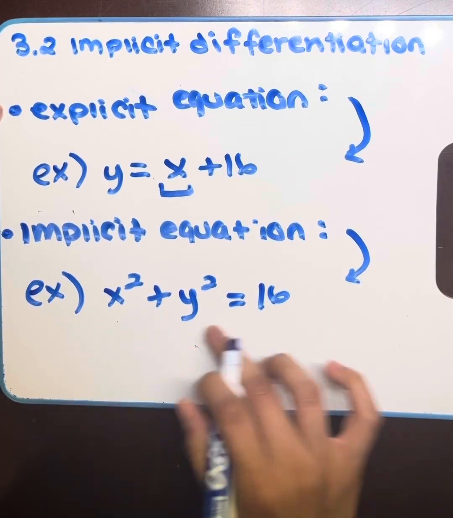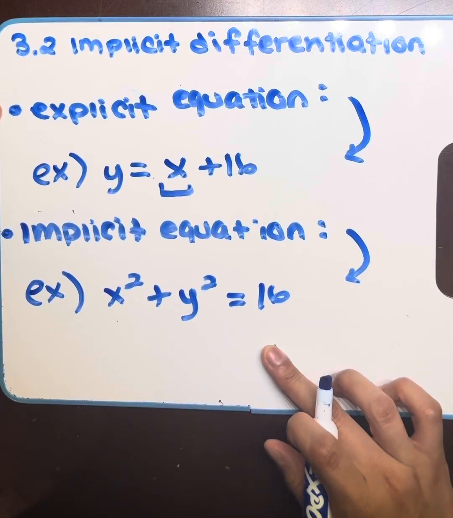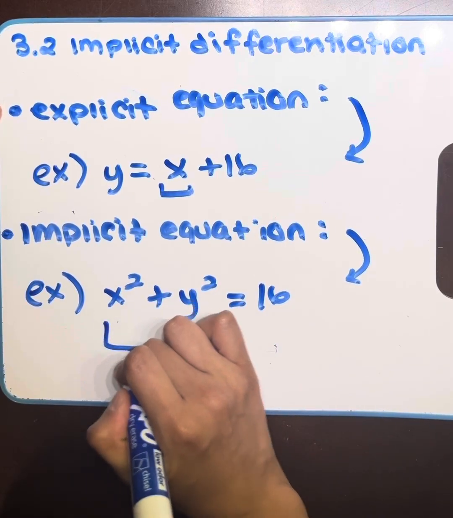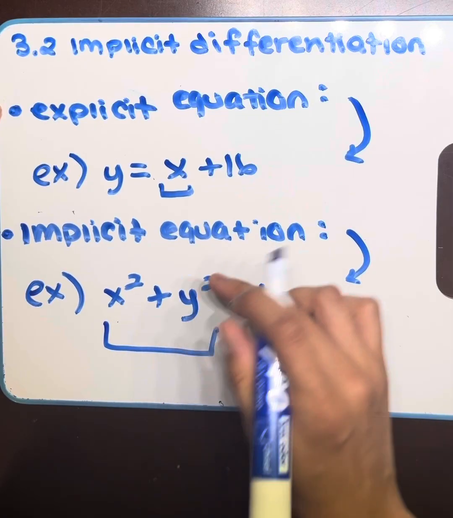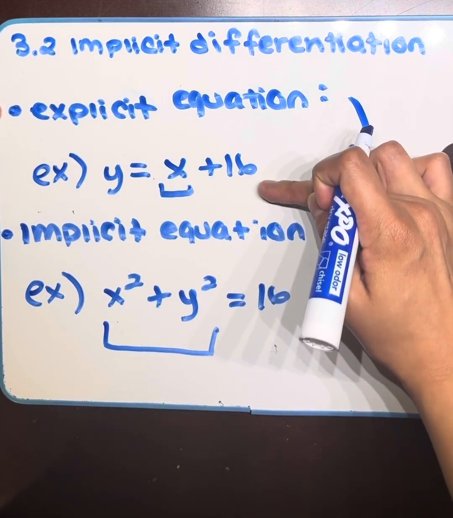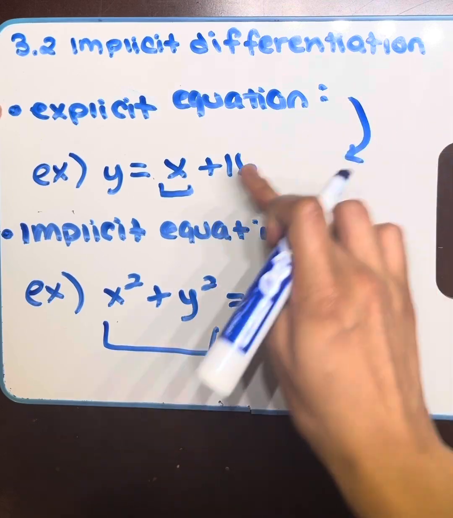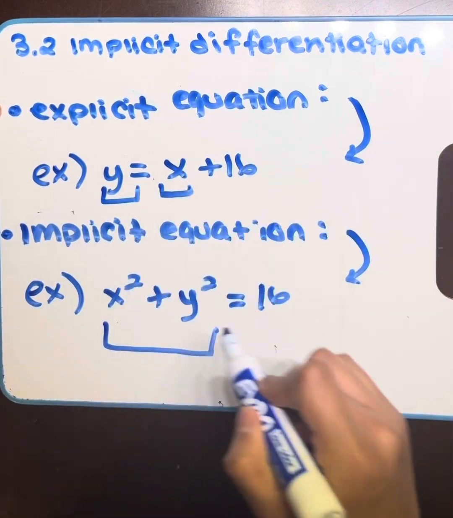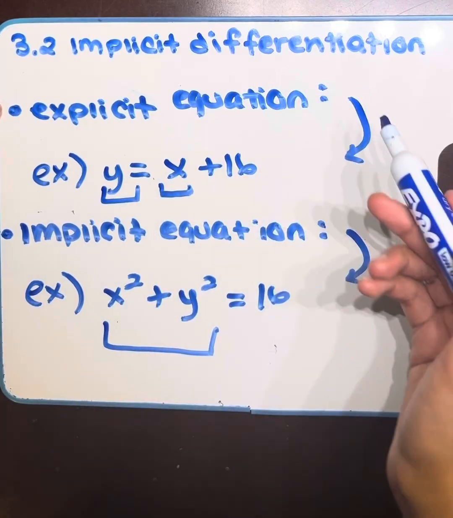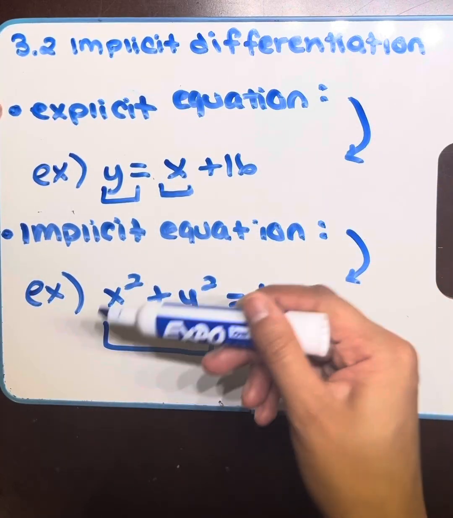Now this is just an equation for a circle, and you see here that on one side we have two variables, an x and y. In comparison to this equation, we have y and x on separate sides. So in this video we will be covering how to differentiate implicit equations and how to go about that.